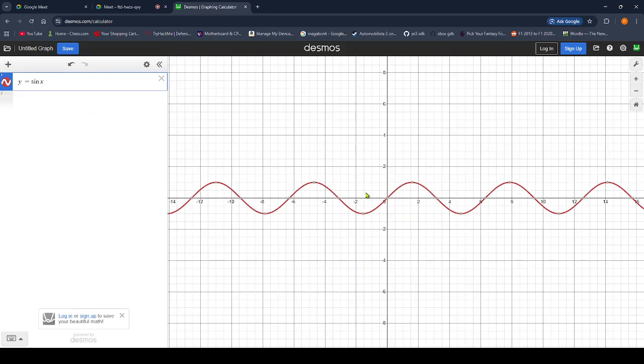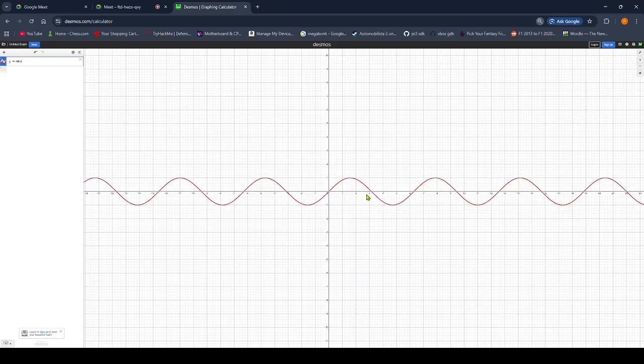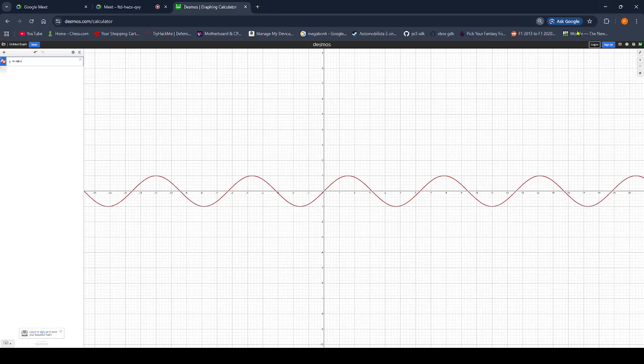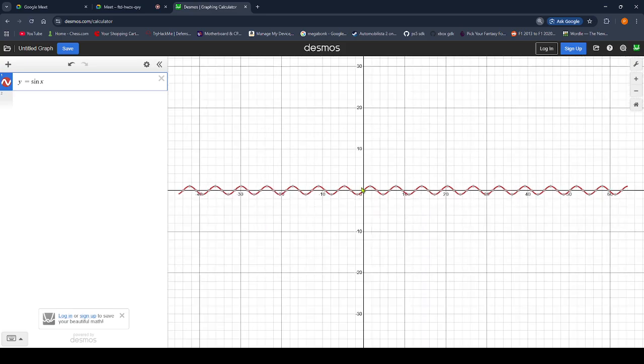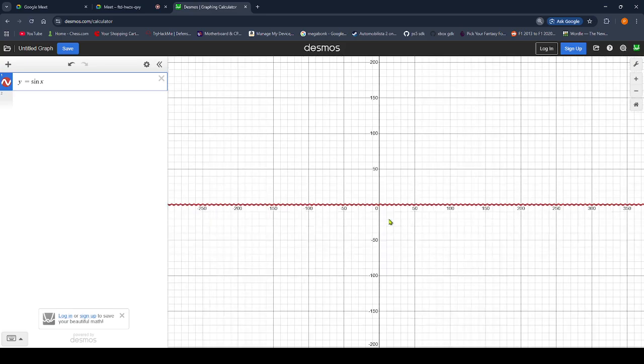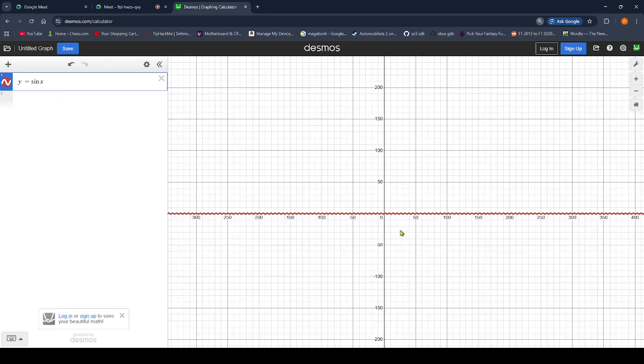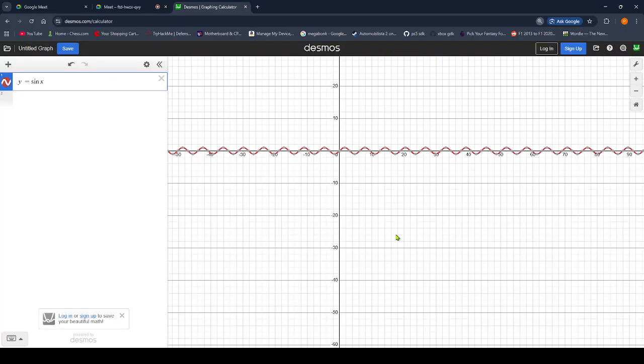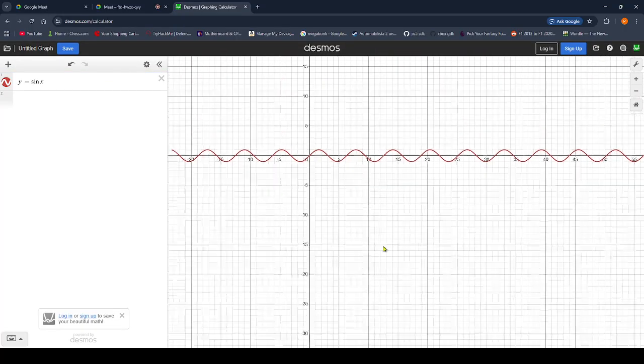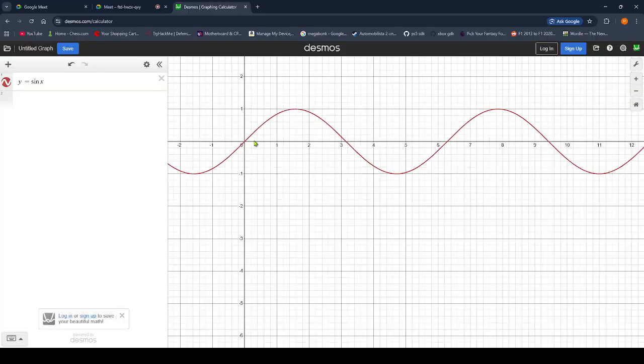Now, let's zoom out here until our step is in 90 degrees. Right. As you can see, at 0, 0, so it's something to know at 0, 0, and at, oh no, wait, this is in radians.